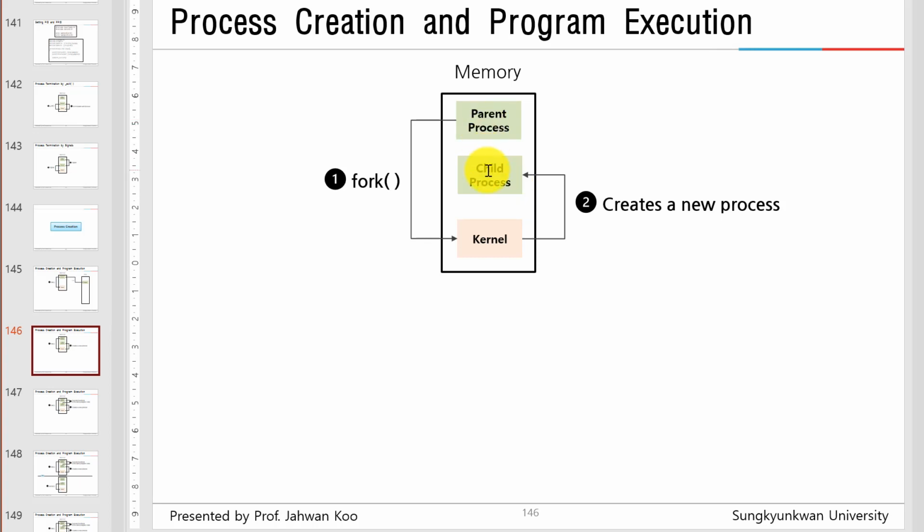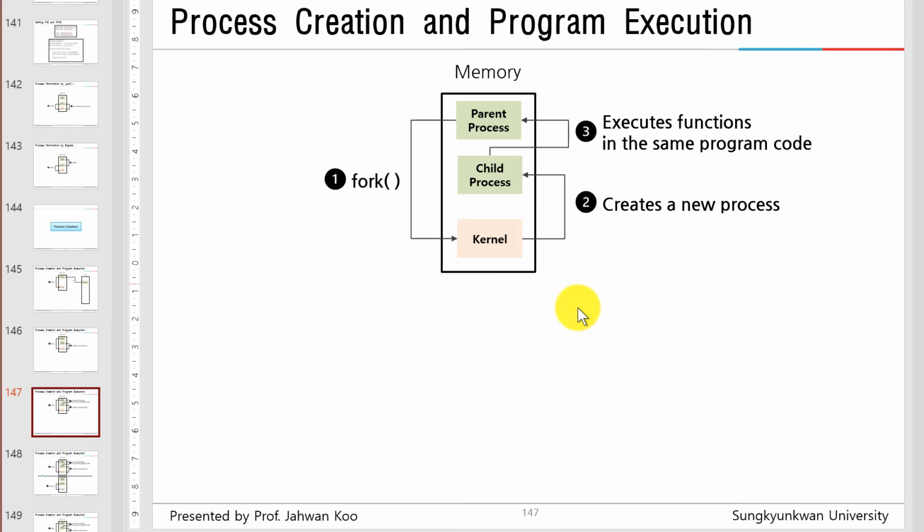It means parent stack segment, parent heap segment, and parent data segment. At this point, the child process is almost the same as the parent process. The program code can be shared by the two processes.